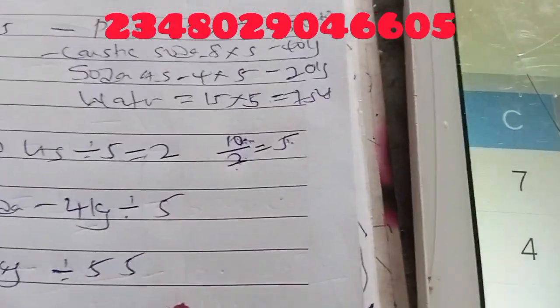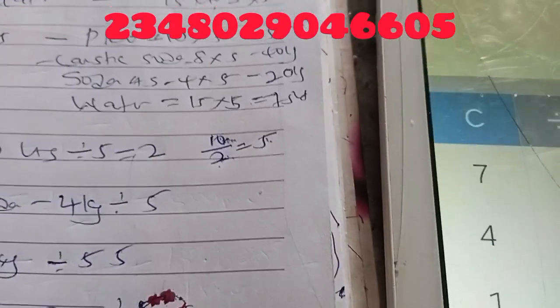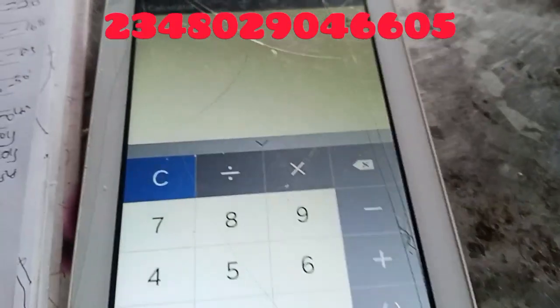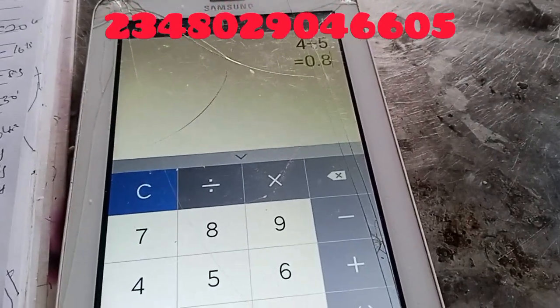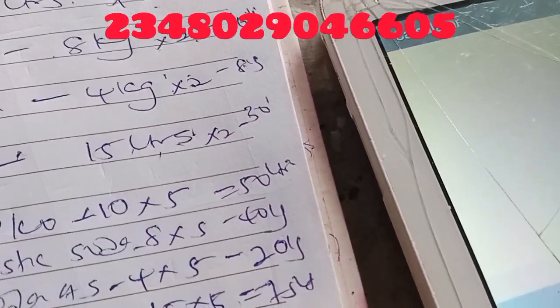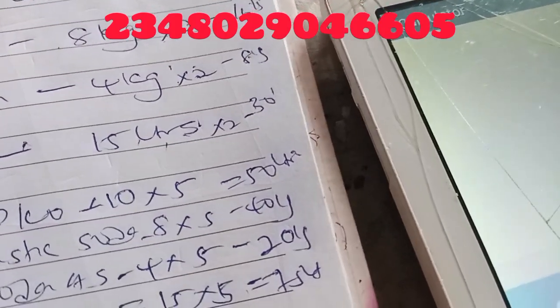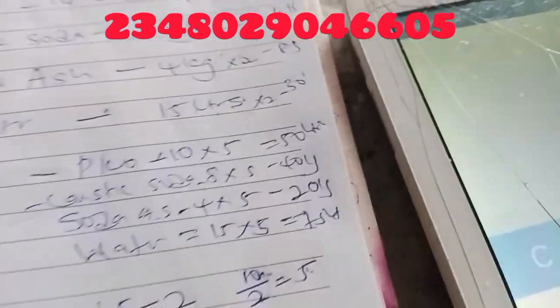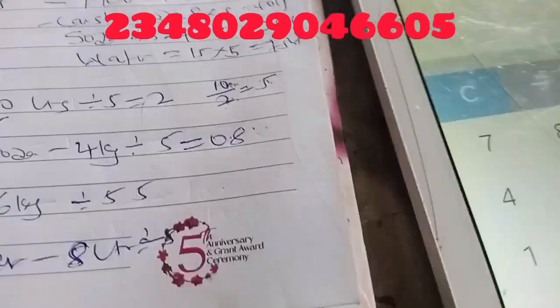So let's now say 4 divided by 5. What will it give us? 0.8. This is another thing I will tell you what to do here. Remember, 0.8 is not up to 1 kg.